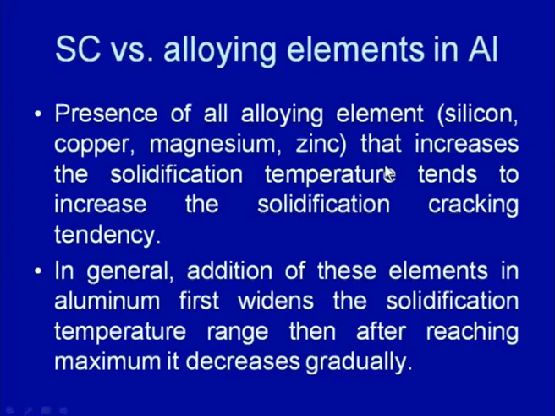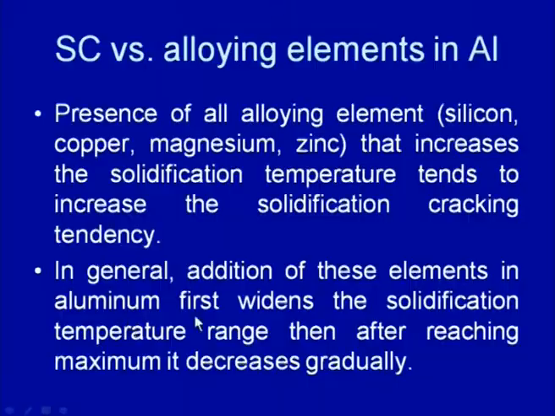These are the factors that significantly affect the solidification cracking tendency, and one by one these will be taken up. As far as composition is concerned, alloying elements like silicon, copper, magnesium and zinc that increase the solidification temperature range tend to increase the solidification cracking tendency. In general, addition of these elements to aluminum first widens the solidification temperature range, and after reaching a maximum it decreases gradually.